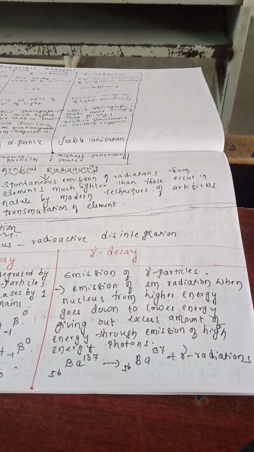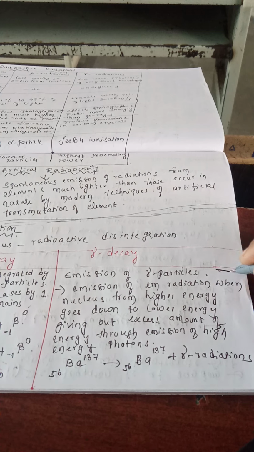When the nucleus goes from the ground state to the excited state, as the excited state is unstable, the element returns back to the ground state. While returning back to the ground state, it emits certain radiations. Those radiations we call gamma radiations.